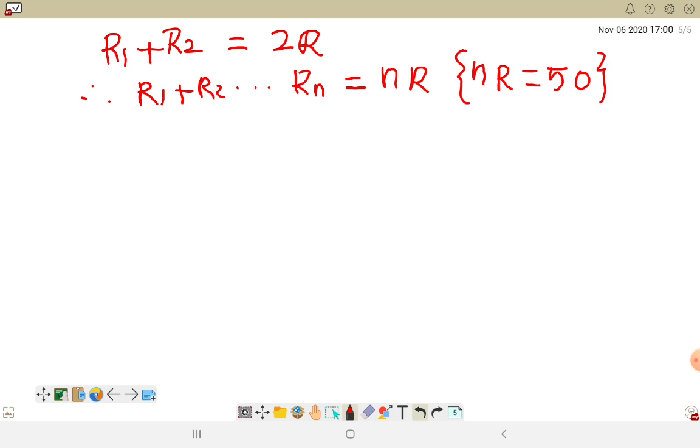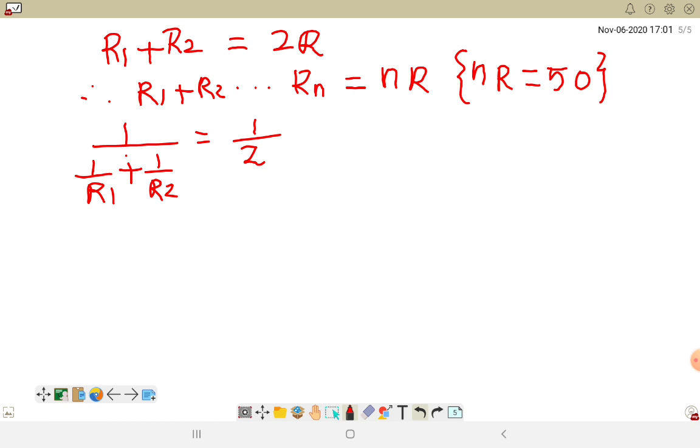And when two resistances are connected in parallel, so 1 divided by 1 by R1 plus 1 by R2 equal to what? 1 divided by, both are equal.